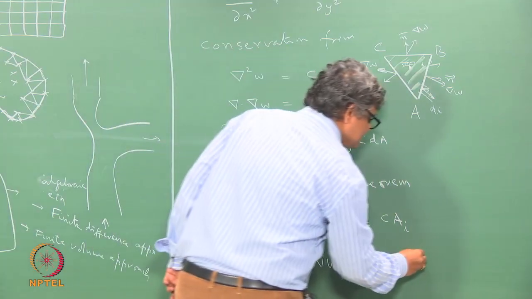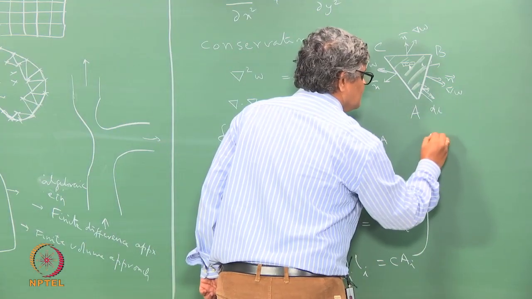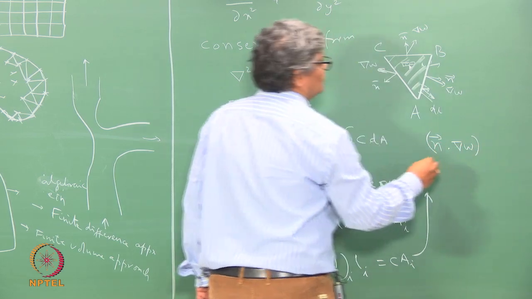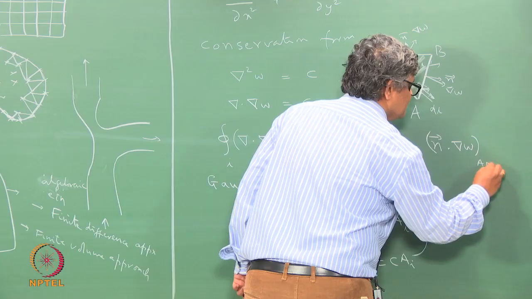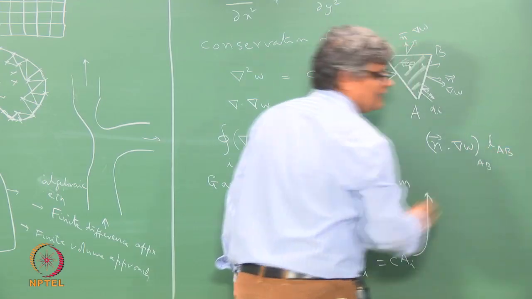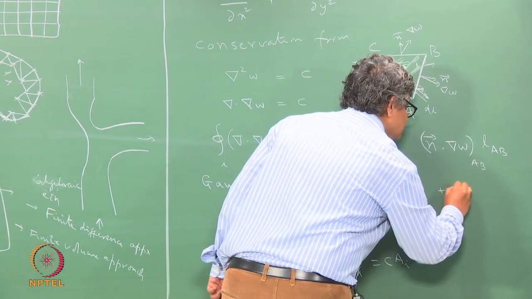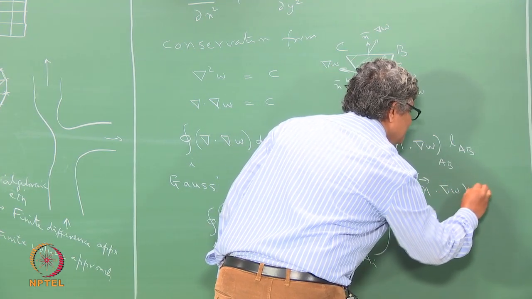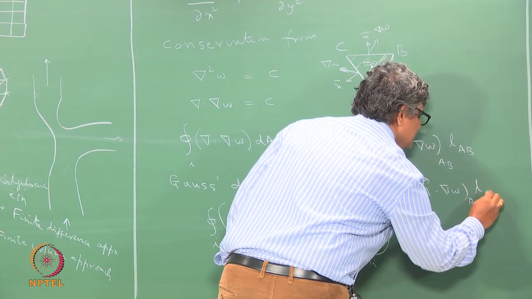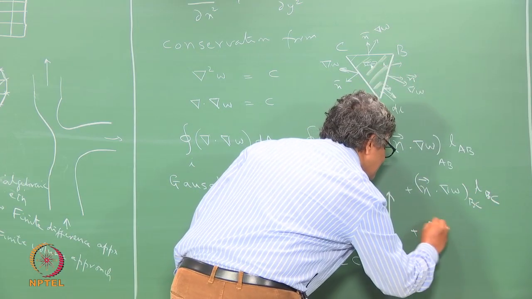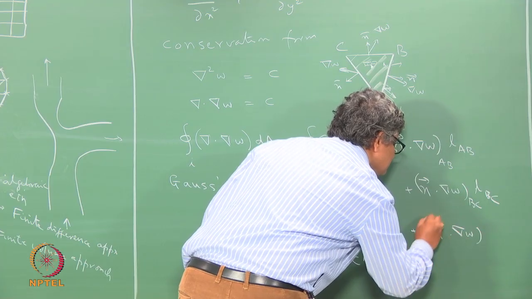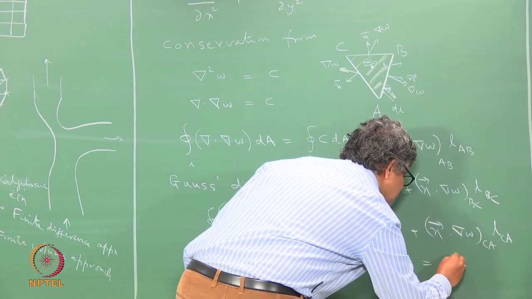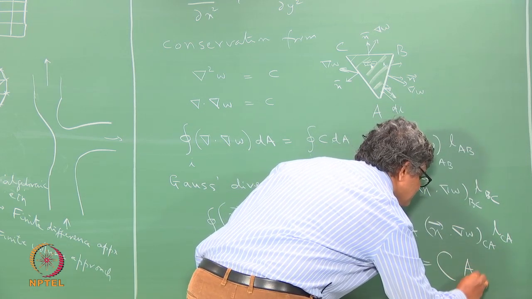We can write this as n dot gradient of W over side AB times length of side AB, plus n dot gradient of W over side BC times length BC, plus n dot gradient of W over side CA times length CA, is equal to the constant C times the area of the cell ABC.